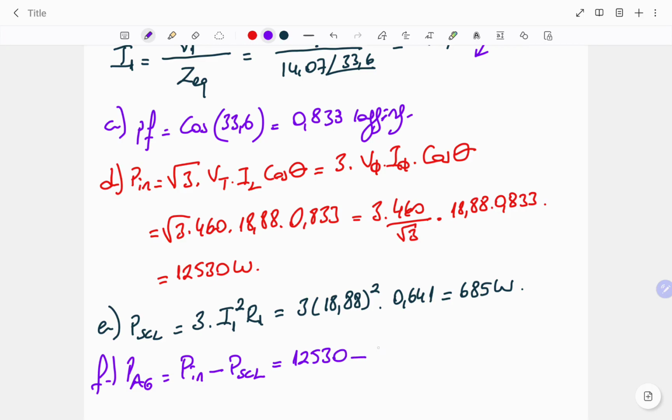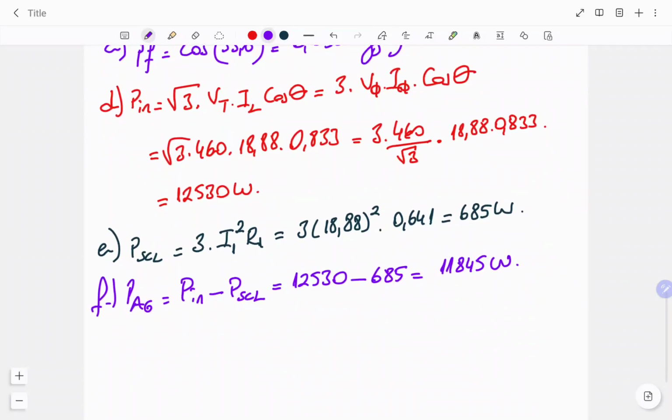12,530 watts minus 685 watts of stator copper losses will be 11,845 watts. This is the power transferred to the rotor part. Then let's continue with the converted power. P converted will be air gap minus rotor copper losses.